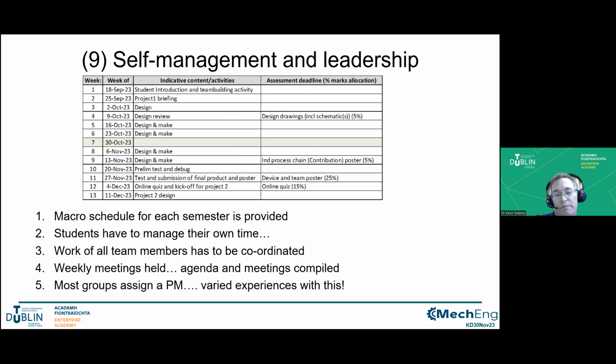Most groups assign a project manager. We've had some varied experiences with this. We have a very hands-off approach. So sometimes the students will assign, I won't use the word class clown, but they basically decide to have somebody as the project manager who may be totally inappropriate for the role. And they think that I'm going to worry and have an input or a comment on that.